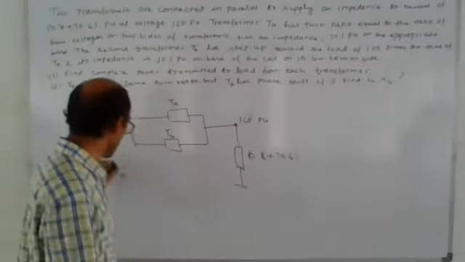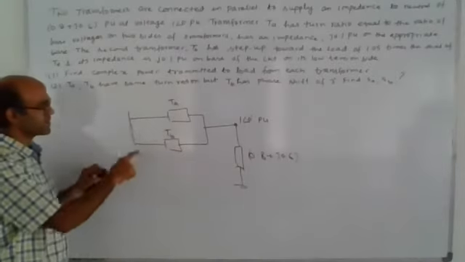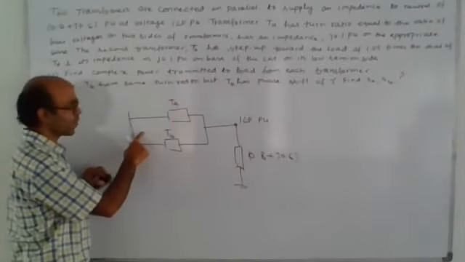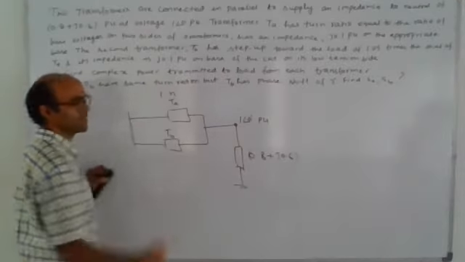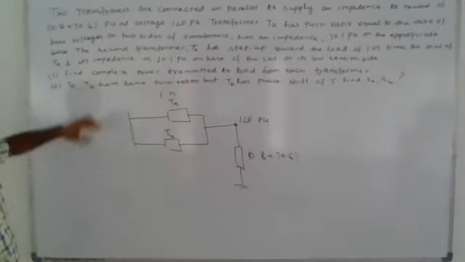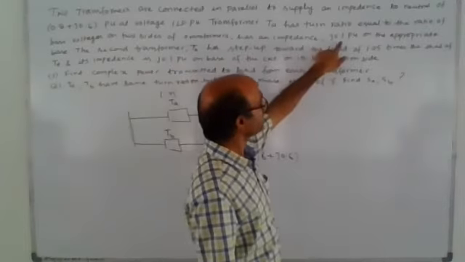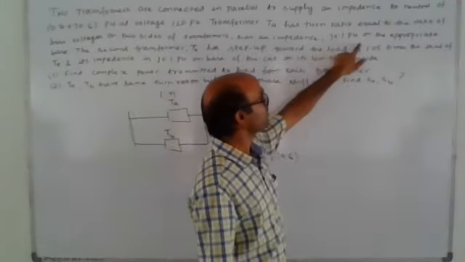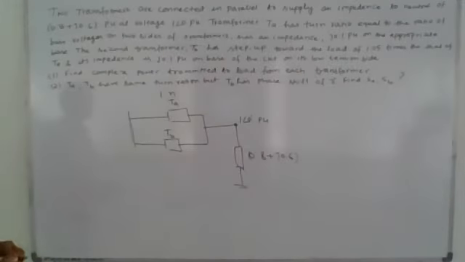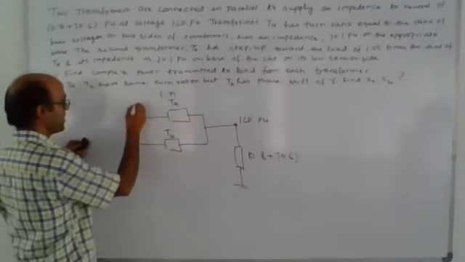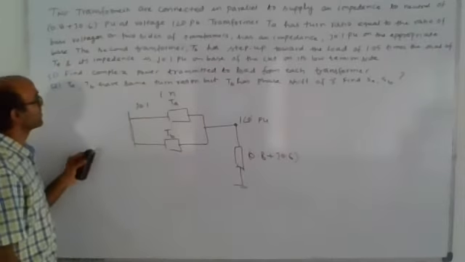So this is the nominal turn ratio, 1:n. It has an impedance of j 0.1 per unit on appropriate base. So j 0.1 is given on its appropriate base voltage.